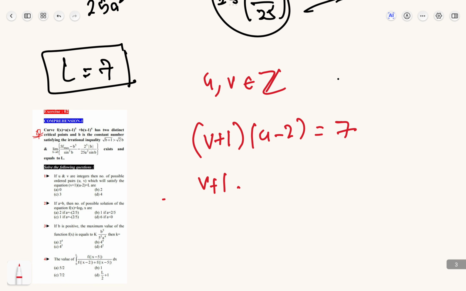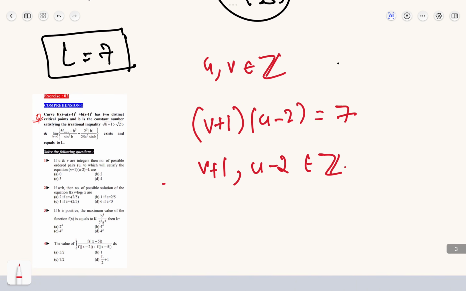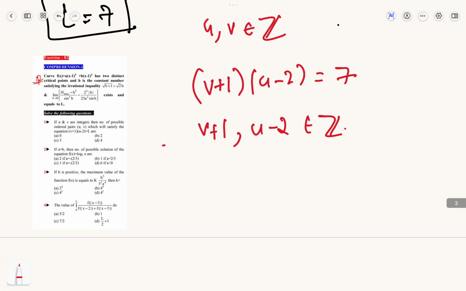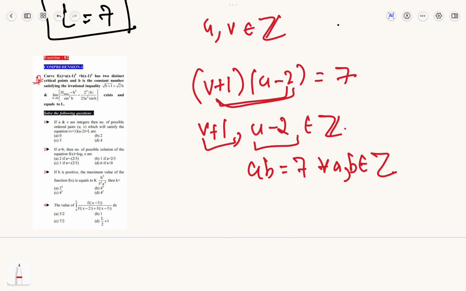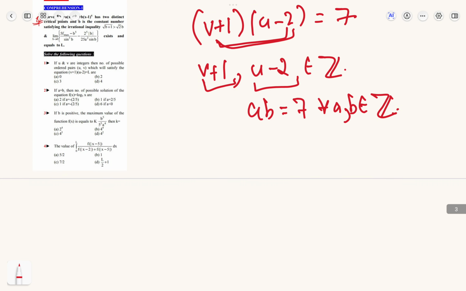So obviously v plus 1 and u minus 2 also belong to integers, so for each v plus 1 I would have a v, and for each u minus 2 I would have a u. So I just need to find the values of a, b such that ab is equal to 7 where a and b are integers. Positive or negative, both work.